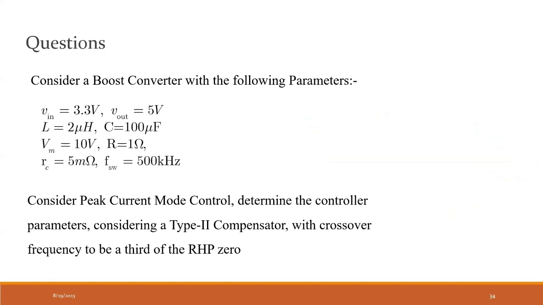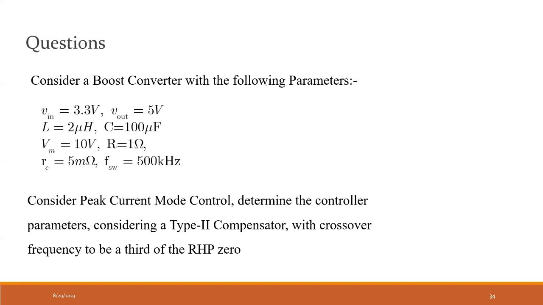Similarly, now we will consider a sample with peak current mode control. We just saw how we will design the controller for current control. Till now we have not added any delay; we're just doing the analog part. So these are my parameters.